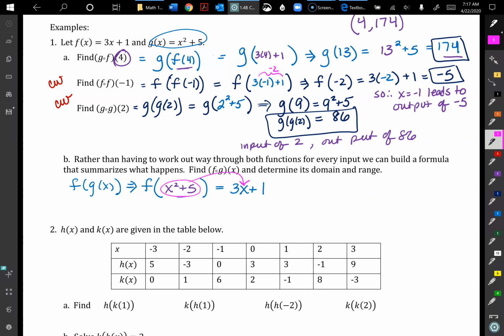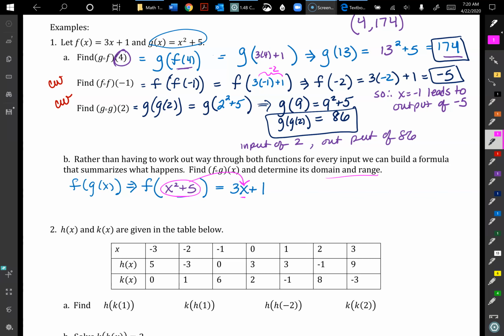And then we'll talk about range as well. Since you've done this skill before of putting x squared plus 5 or something similar in for your input everywhere you see it, go ahead and pause the video and try that. And then I will work through it. It's pretty quick, but I want you to just pause and try it.